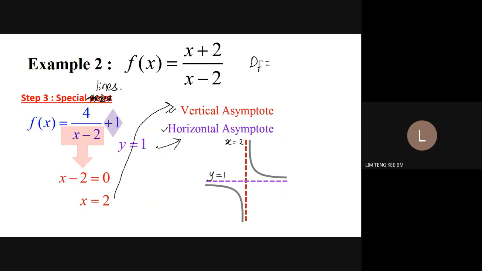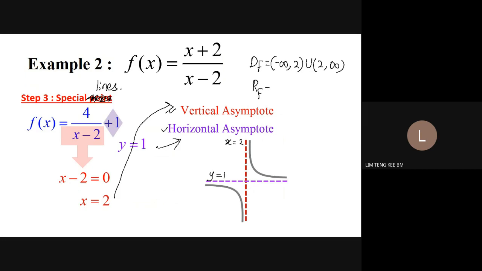You notice that when we extend the graph horizontally, it can pass through any x value except x equals 2. Therefore, the domain is negative infinity to 2, not including 2, union 2 to infinity. So there's a gap at x equals 2.